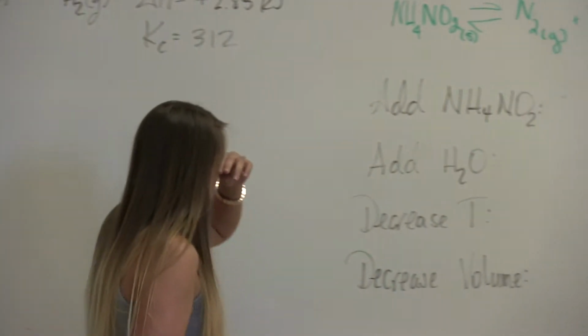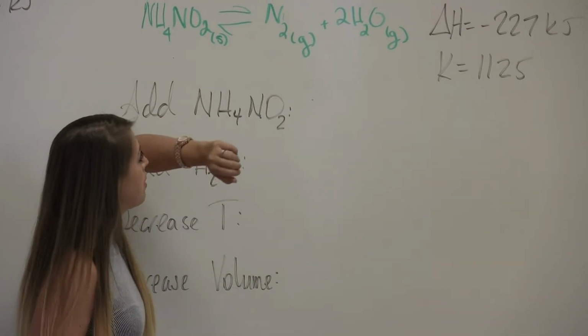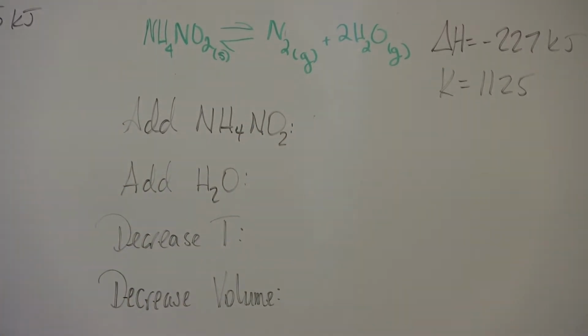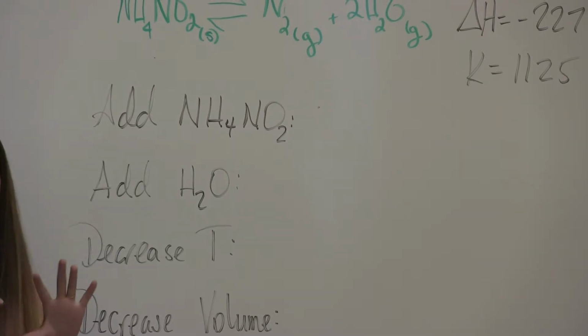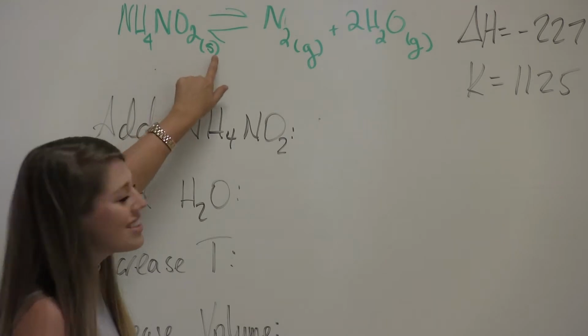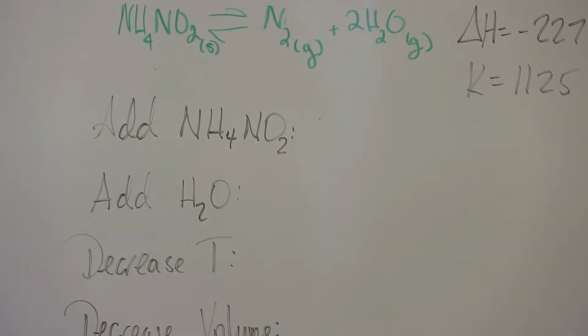Okay, now let's go over here and look at another problem. We're going to take ammonium nitrite as a solid, and we're going to decompose it into nitrogen gas and water. And water is in the gas phase, so it is steam. Real fast before we do anything, let's look at how we would build the equilibrium expression for this. Ammonium nitrite is a solid, so it's not involved in the equilibrium expression.